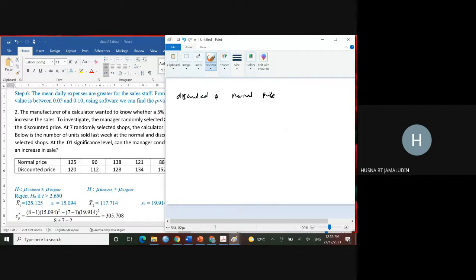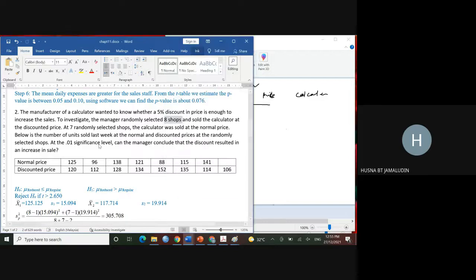Okay, so these 2 are talking about the calculator. The first one is the discounted price. The second one is the normal price. So we wanted to know whether if we sell it at a discounted price, our sales will be higher or bigger than this one. Okay, right.